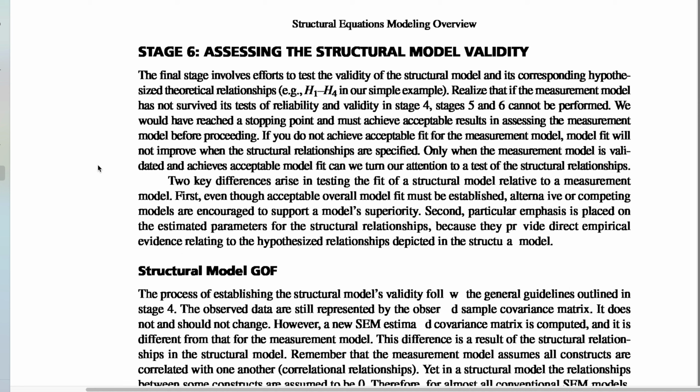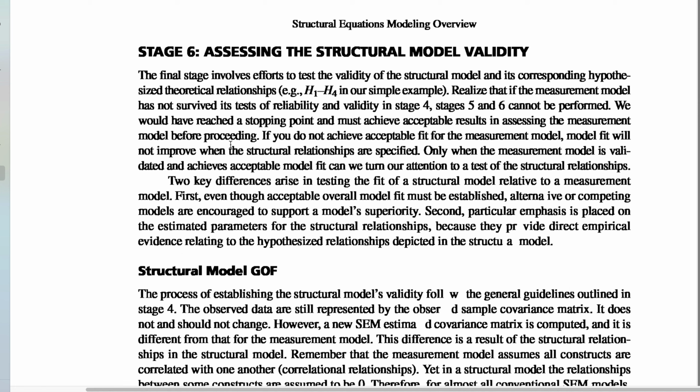This stage involves efforts to test the validity of the structural model and its corresponding hypothesized theoretical relationships, that is, H1 to H4 in our simple example. Realize that if the measurement model has not survived the reliability and validity tests in Stage 4, Stages 5 and 6 cannot be performed.